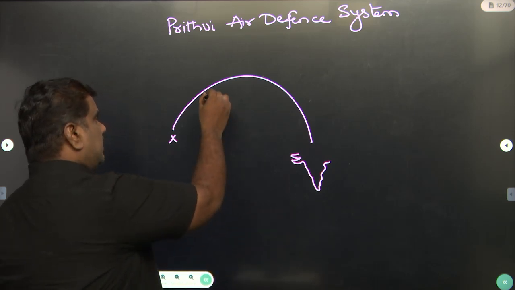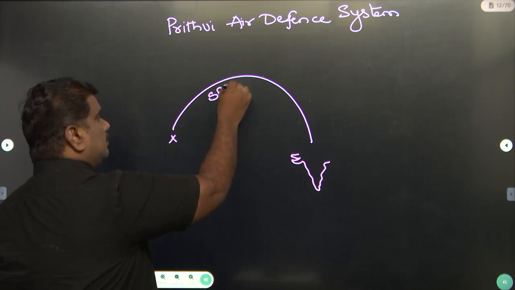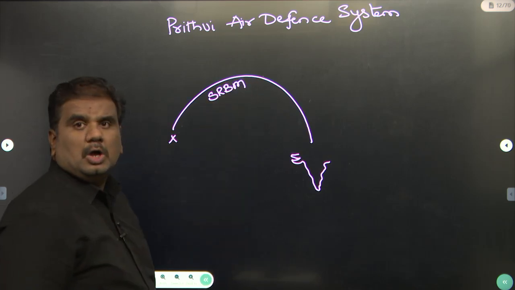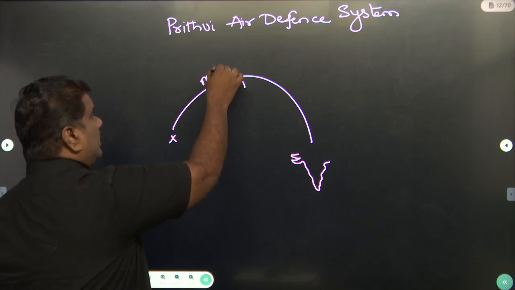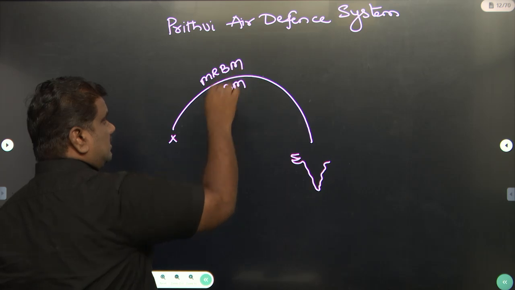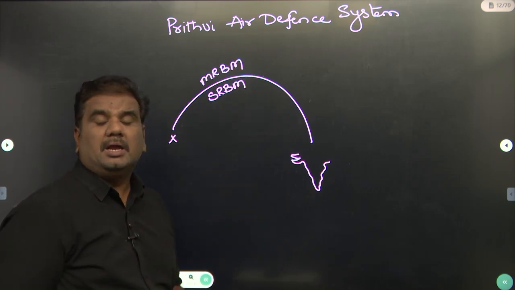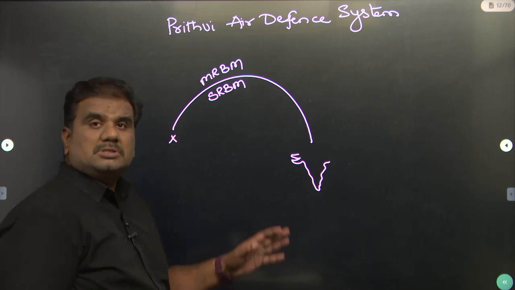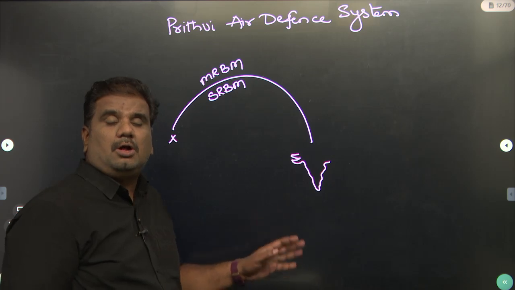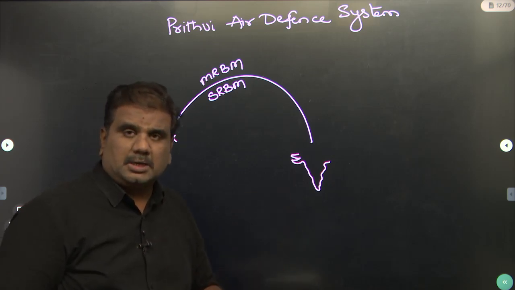Here the missile has to be a short range ballistic missile or a medium range ballistic missile. The missile could be an SRBM, or even an MRBM. Suppose X country has launched an SRBM or MRBM on our country.